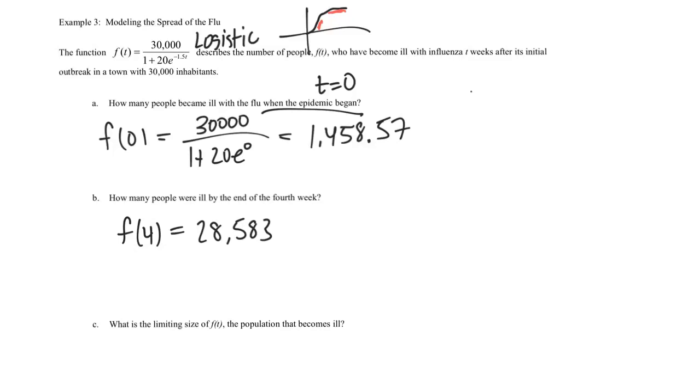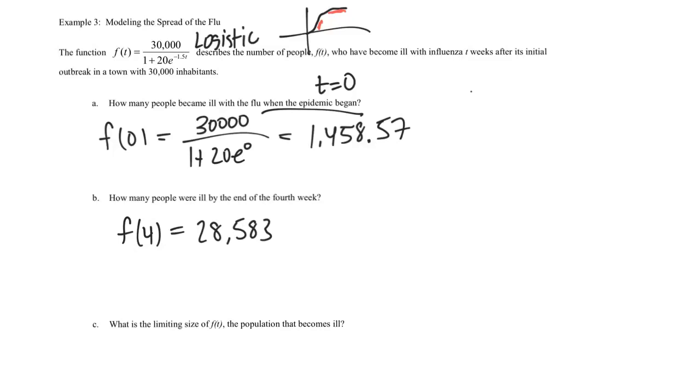And then part C, what is the limiting size of f of t, the population that becomes ill? In calculus, if you take calculus BC, you'll talk about logistic growth, and we call this the carrying capacity of the model, or the limiting size. That is going to be whatever that upper level is that the number of people who get the flu cannot go above.